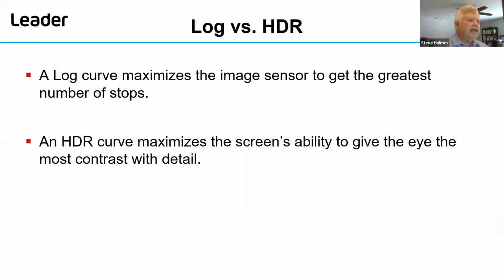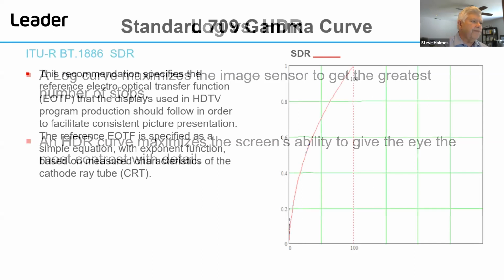So in the camera, we typically will use a log curve. The log curve maximizes the image sensor to be able to get the greatest number of f-stops. In the monitor, we utilize an HDR curve, which will give us the greatest contrast and make it to what the human eye wants to see and what the human eye can see.